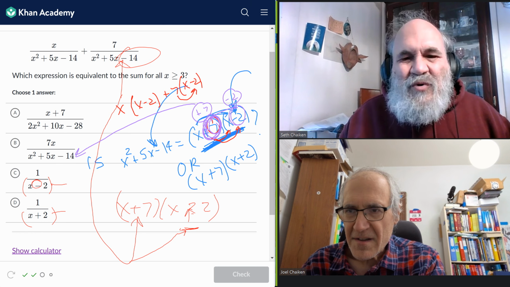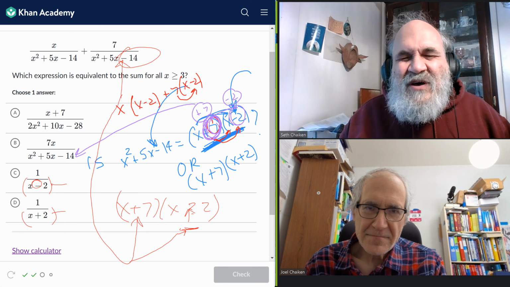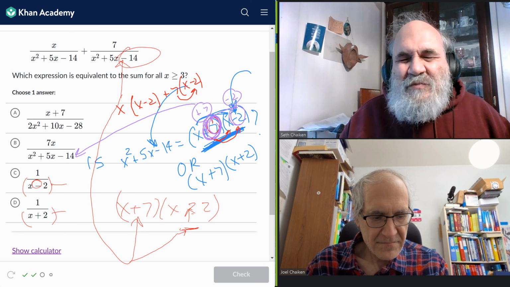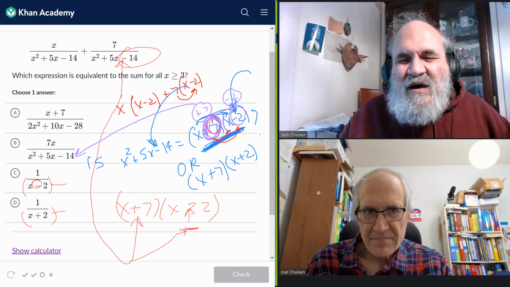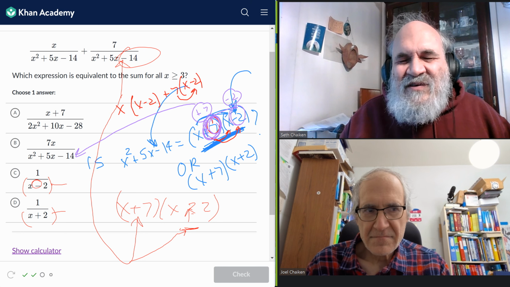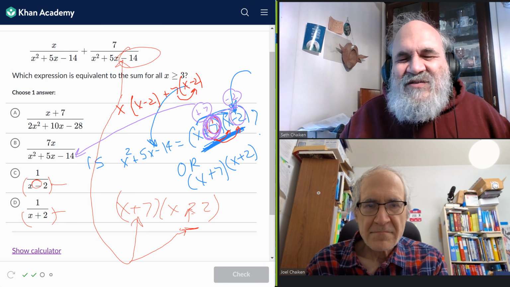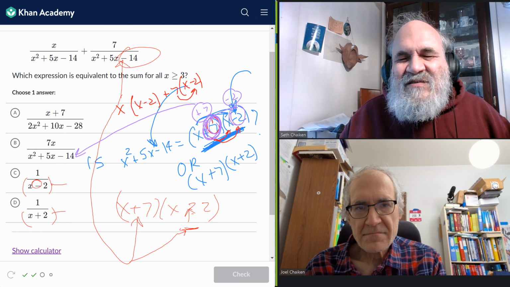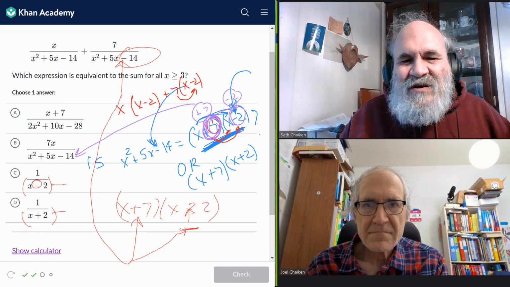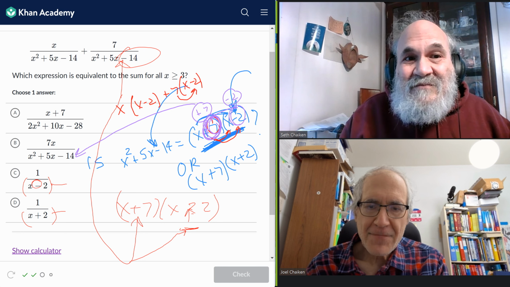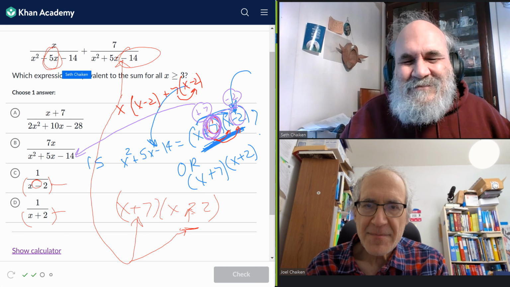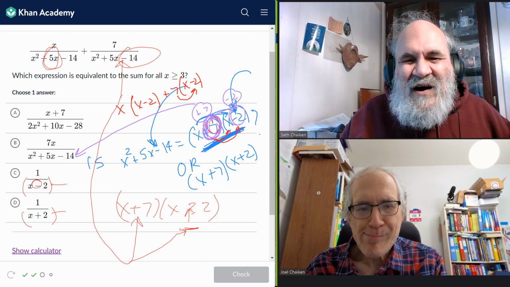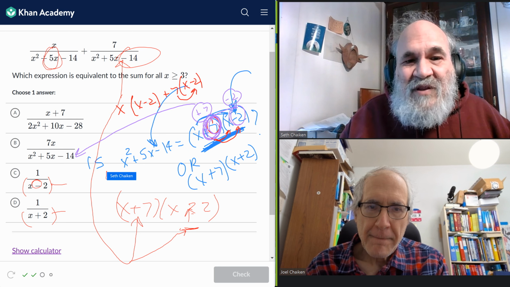We'll also point out that there's another approach, a second rationale for picking minus 2. What's that? The plus 5.